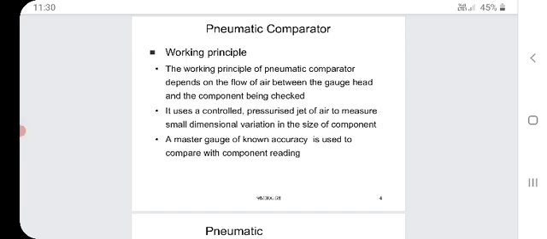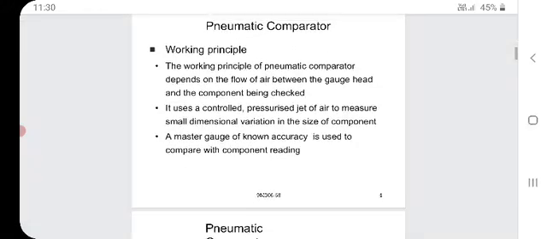After completion of the optical comparator, we are going to see the pneumatic comparator. Working principle. The working principle of pneumatic comparator depends on the flow of air between the gauge head and the component being checked.